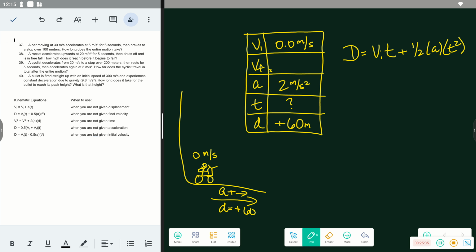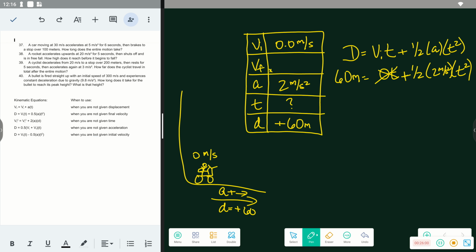So your displacement is what? 60, right? Plus 60. 60 meters equals, what's your initial velocity? 0. So it doesn't even matter what the time is. This cancels, so 0t gets canceled. And you're left with 1/2 of 2 meters per second squared times t squared.